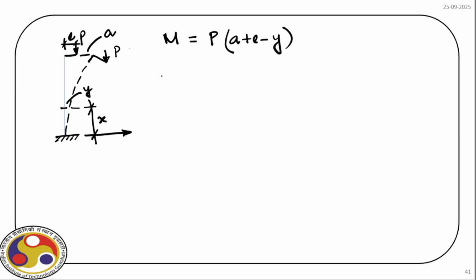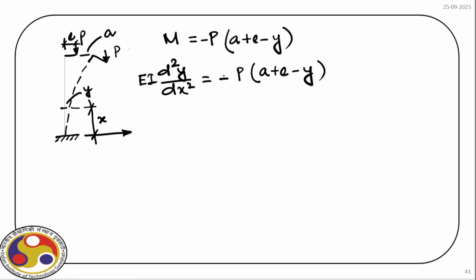So now again we can write down the governing equation. It is EI d2y dx2 is equal to minus P times a plus e minus y, but the moment is a hogging moment, so it is actually negative, so we have positive here.